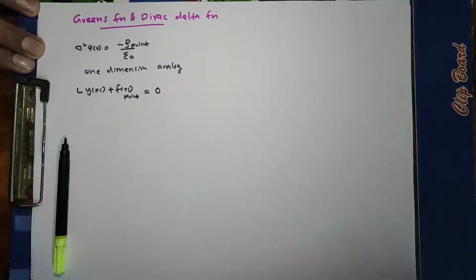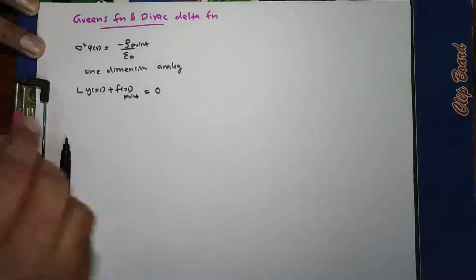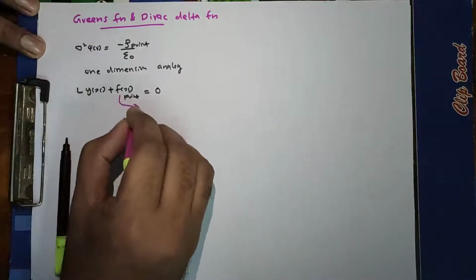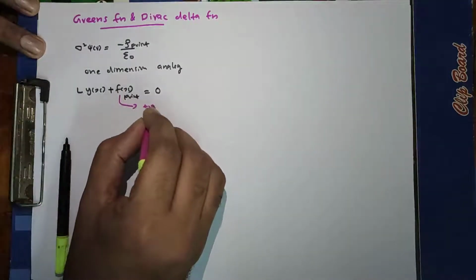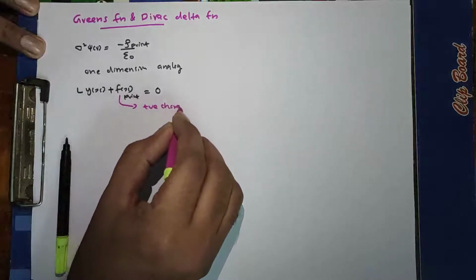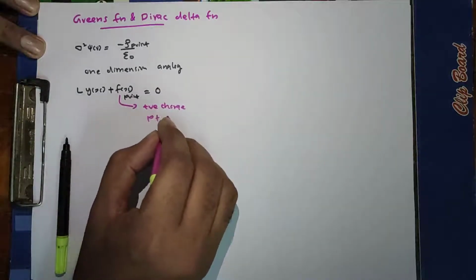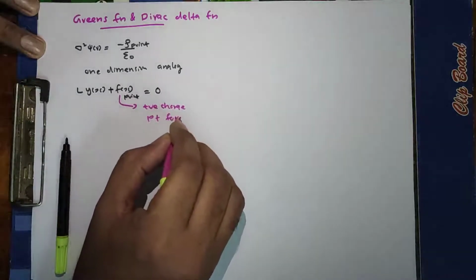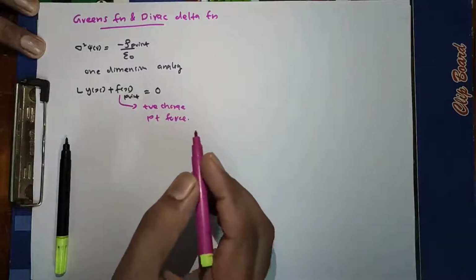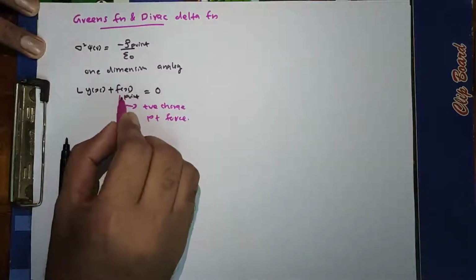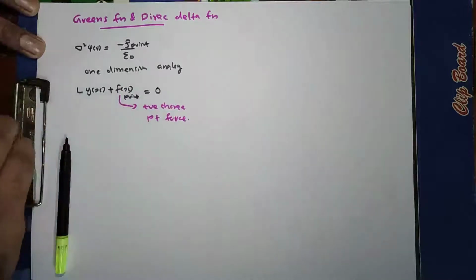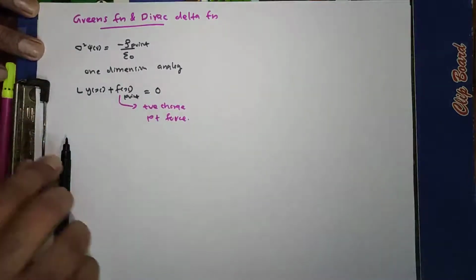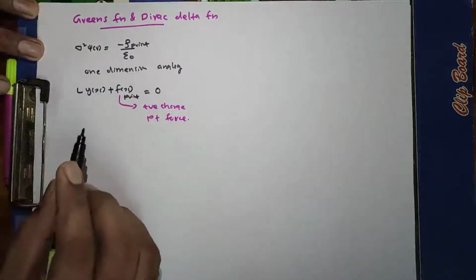Here f of x point refers to a unit positive charge or a point force. So this is the source term, and it represents a unit positive charge here.